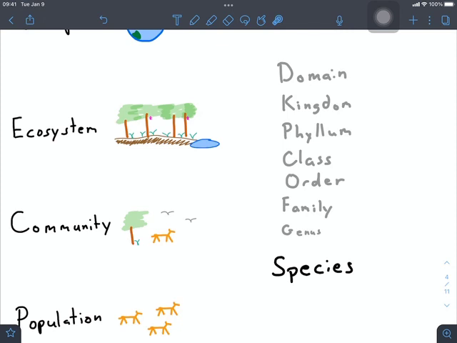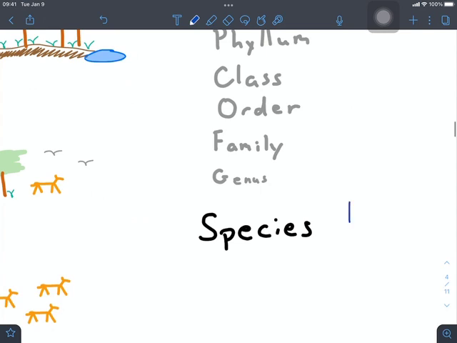A species is defined through a number of different ways. The most common is the biological species concept, meaning that an organism that's able to procreate with another individual, meaning that they're able to make fertile offspring. By this definition, humans, Homo sapiens, can mate with one another.